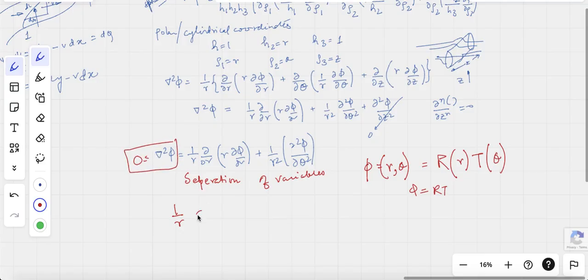1 by r d of dr r d of RT, so this T will come out. Over here the R will come out.